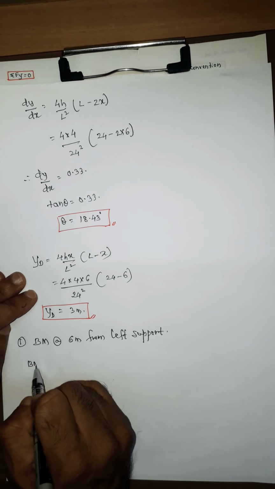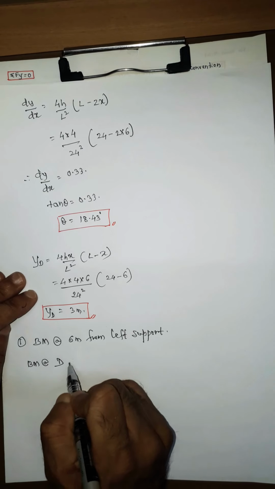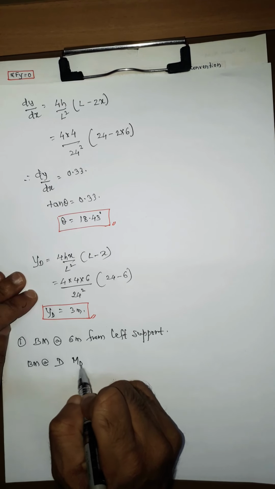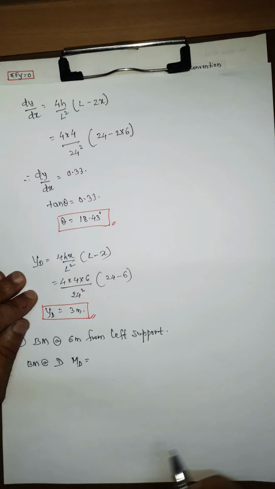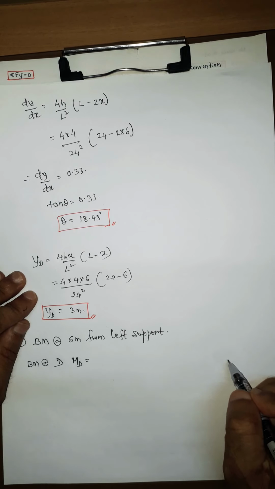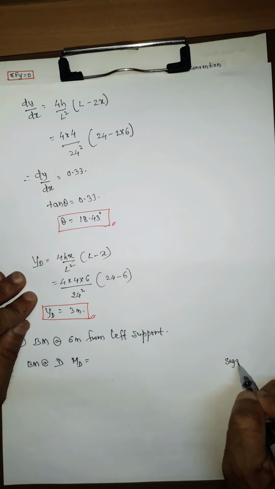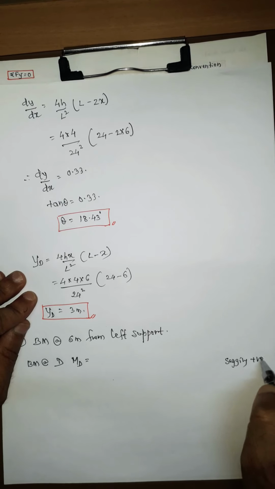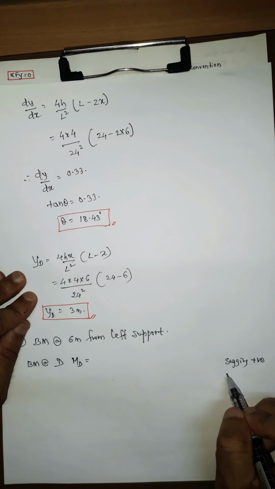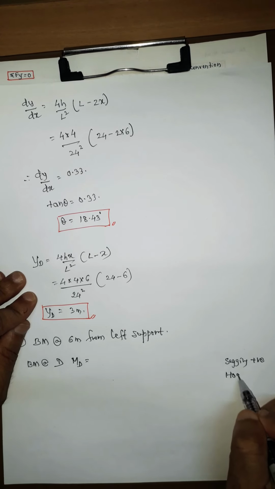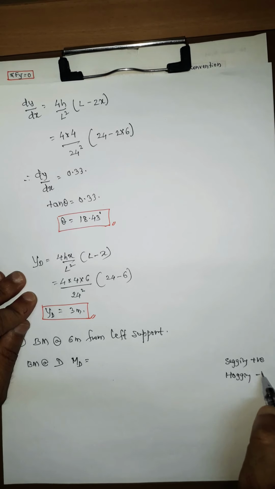So bending moment at D, that is MD, is equal to, okay, now here the sign convention is, for sagging it is positive and for hogging it is negative.